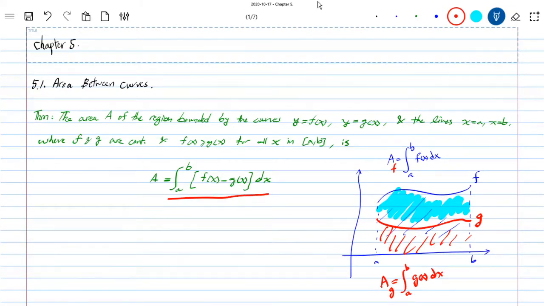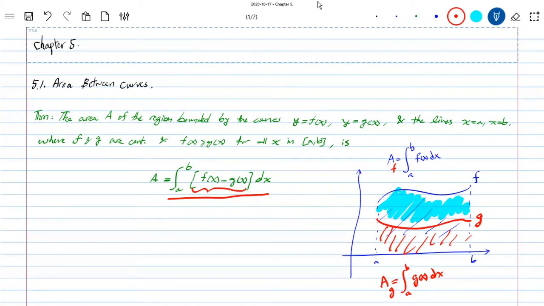Since they have the same boundaries, you can write it as one integral, the difference between f and g, dx. The only thing you have to notice is we assume that the function f is always above the function g. That way, f minus g is always positive. Therefore, the integral is going to give you a positive area. You're not going to get a negative value.